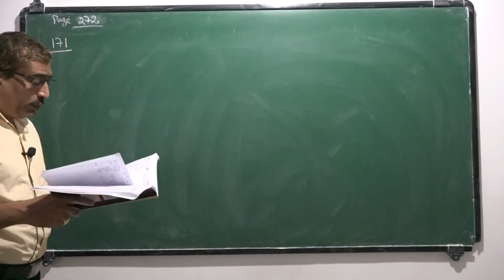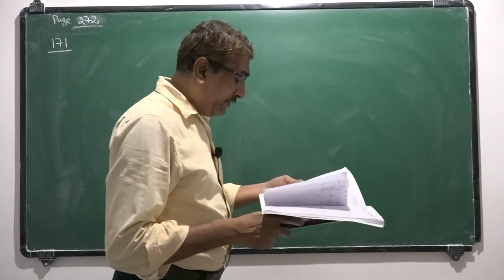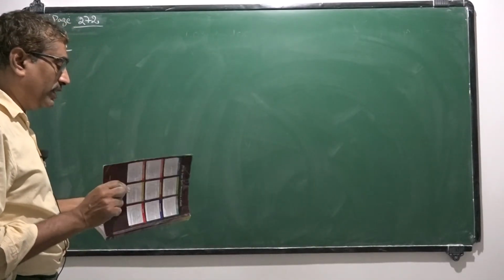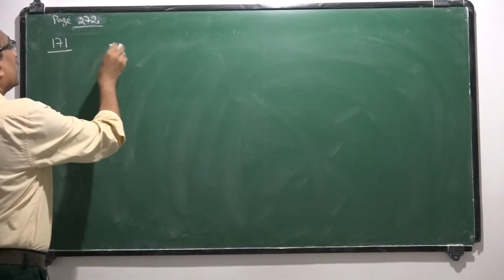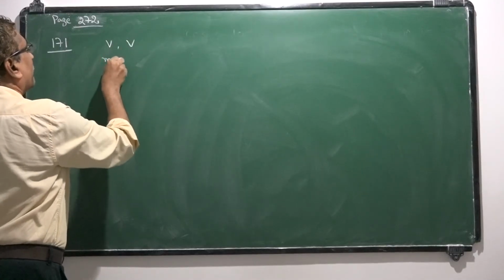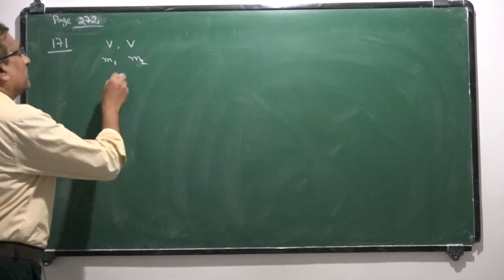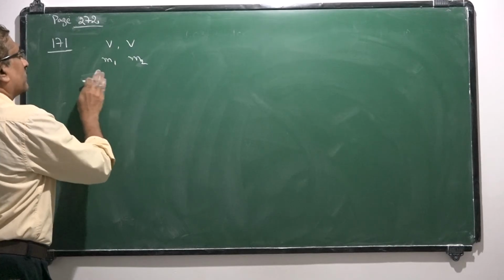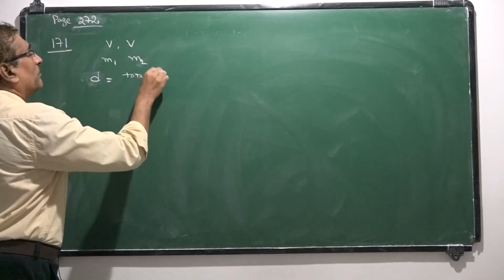Okay. When two equal volumes of liquids are mixed, then the specific gravity of the mixture is 7 by 2. Suppose two equal volumes, so volume is the same, V and V, but masses are different, M1 and M2, because they are two different liquids. Now the density of the mixture is equal to total mass by total volume.